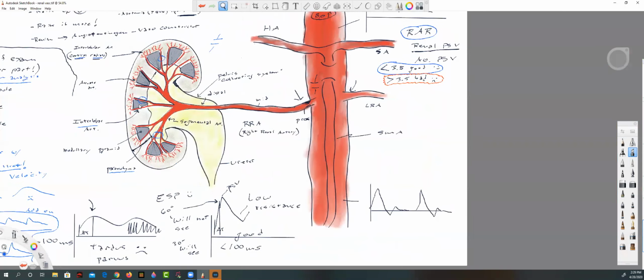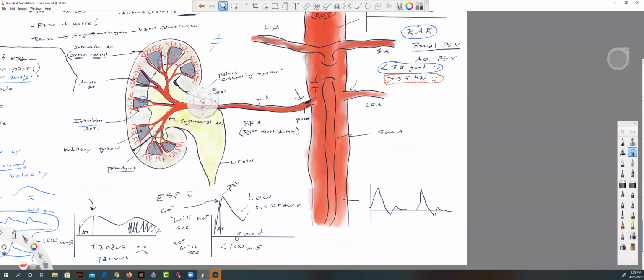So we've talked about, or at least we alluded to, when we talk about stenosis, we're really talking about atherosclerosis, right?